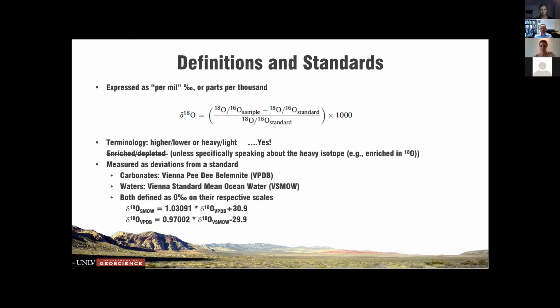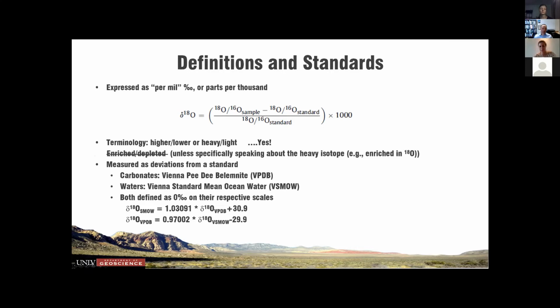So you could say, yes, they're enriched in 18O, but you could also say that they're enriched in 16O, which is depleted in 18O. So you get the idea that using enriched and depleted isn't as easy to understand. There's more sources of confusion. So I prefer just talking about higher or lower values.